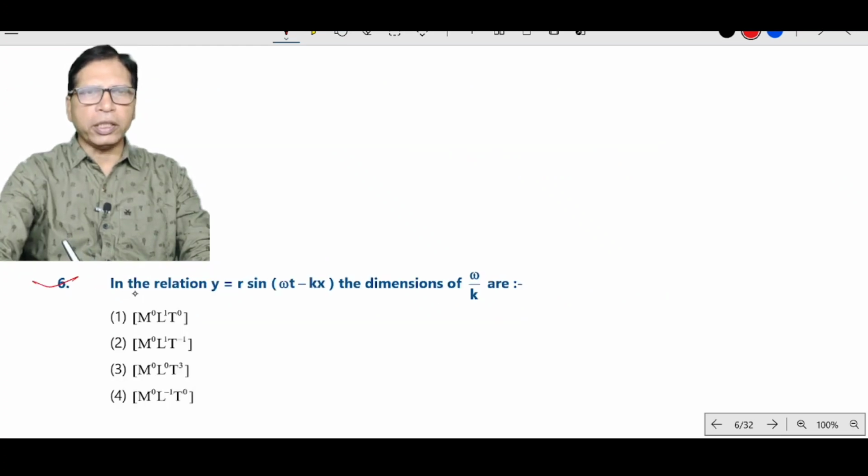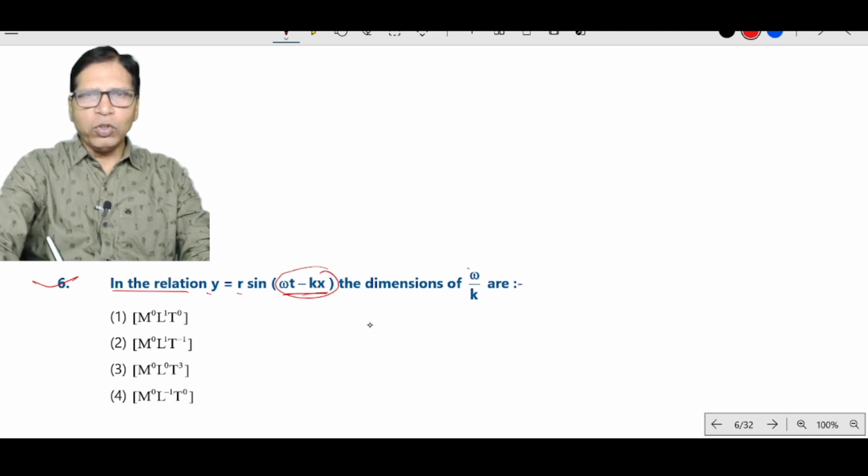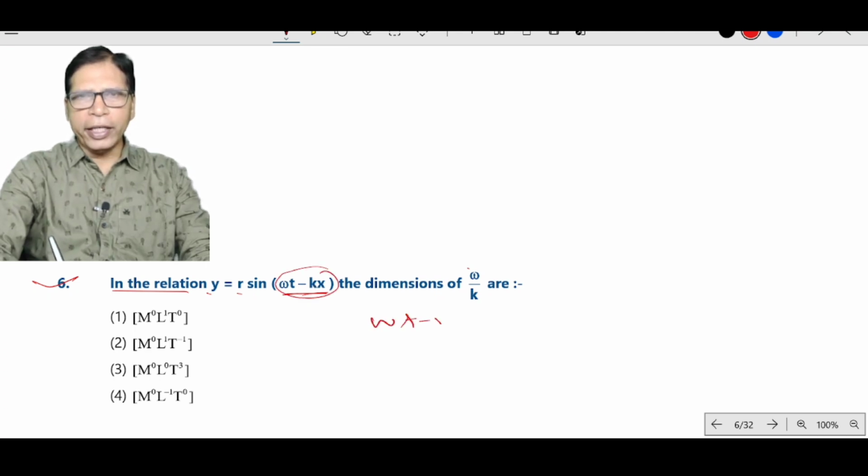Now question number 6. In the relation y equals r sin(omega t minus kx), the dimension of omega by k r. Look at this, omega t minus kx represents angle. So omega t minus kx has no dimension.